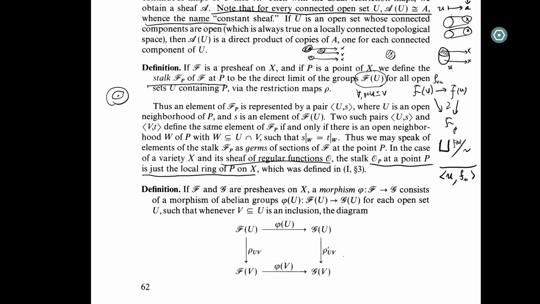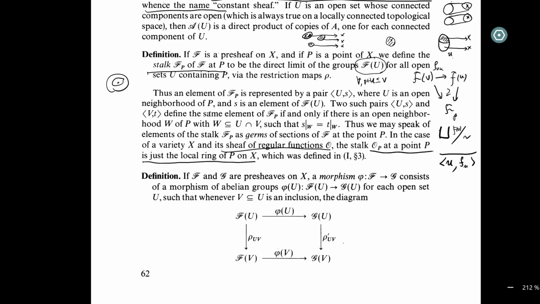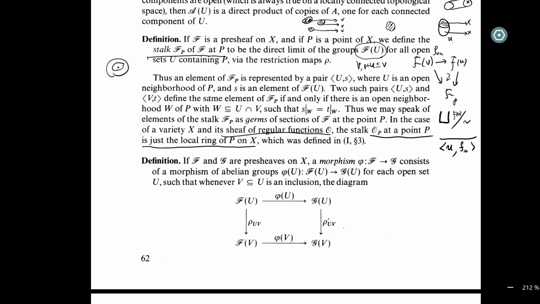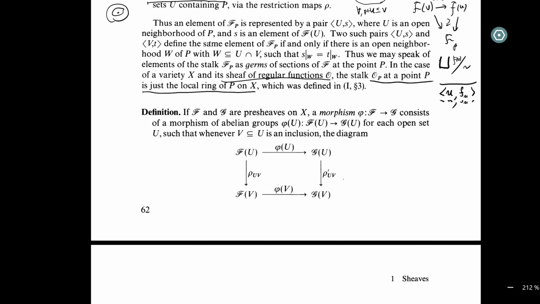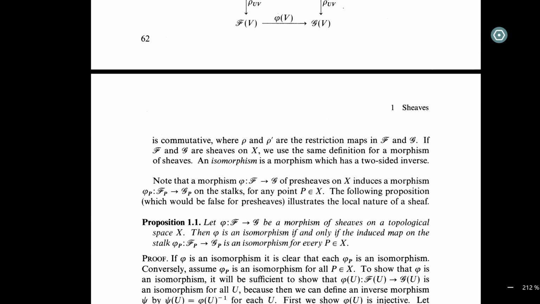The morphism: we define a morphism of presheaves as just a natural transformation of functors, sending any morphism in the category to a morphism in abelian groups, and for any given object, there is a morphism in the category of abelian groups making the diagram commute.